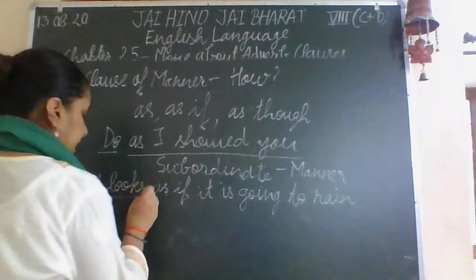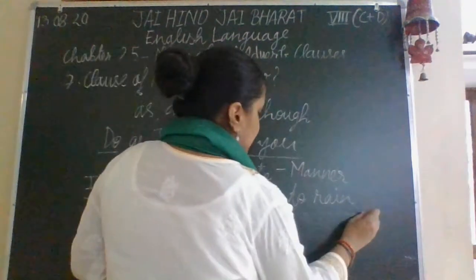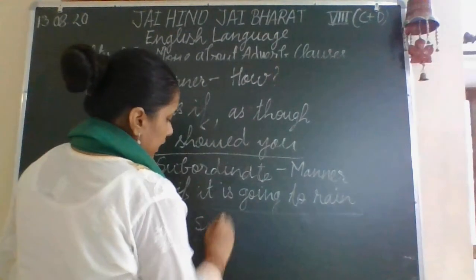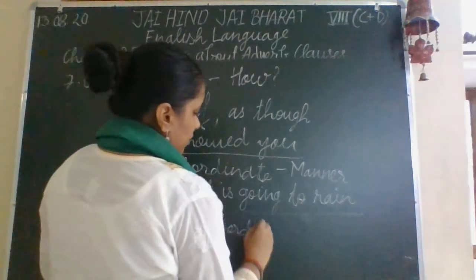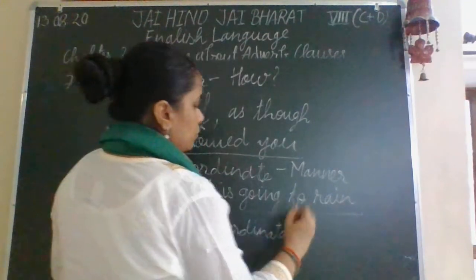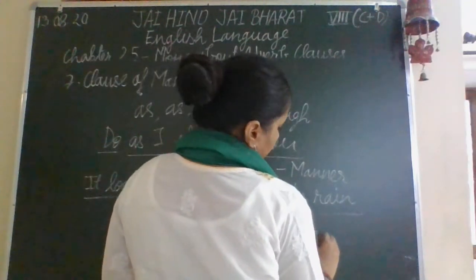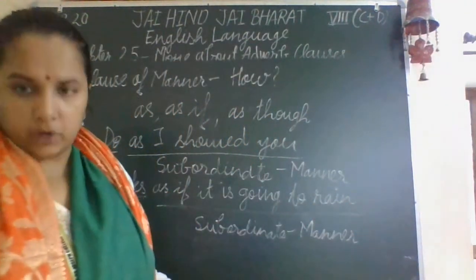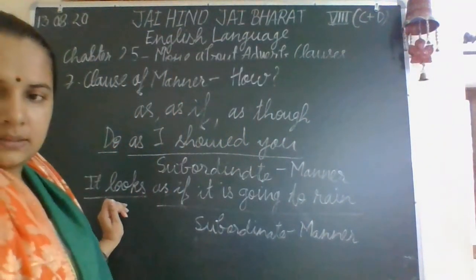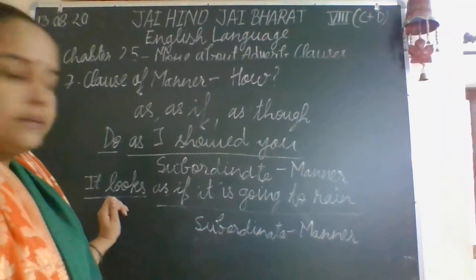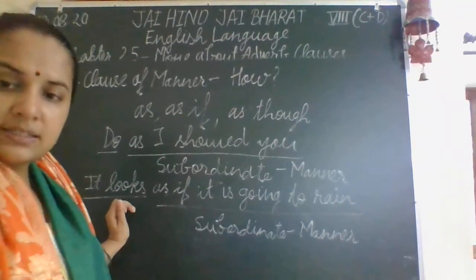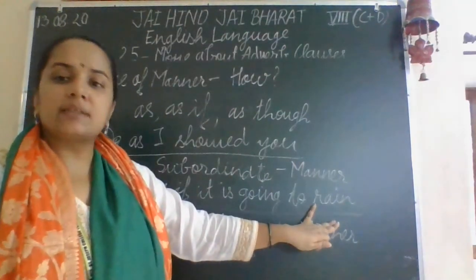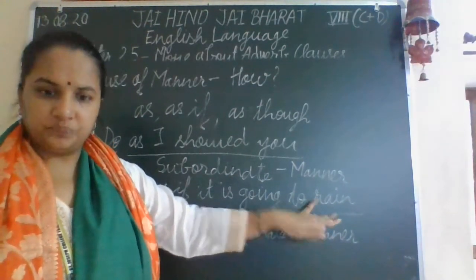This is the main clause. This is the subordinate clause. And here this subordinate clause is telling you the manner in which the surroundings are looking. It looks. This is the main clause and it is giving you the complete meaning. And this one is the subordinate clause.